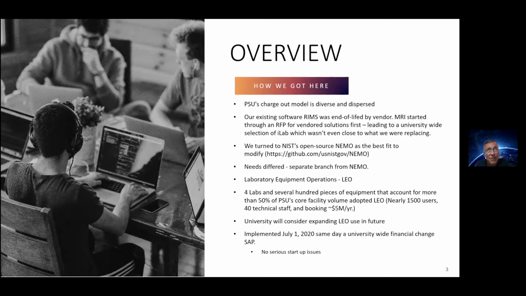It went end of life on us about 5 years ago. We said, we've got to come up with something different. We went through a complete RFP, looked at probably 10 or 12 different versions of software out there, narrowed it down to a couple. And then we had management chaos and upheaval.